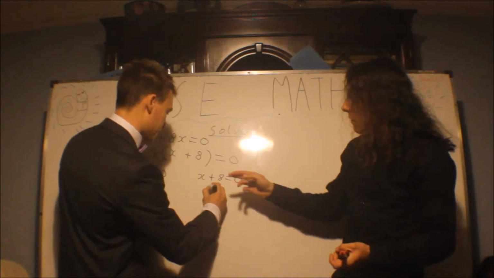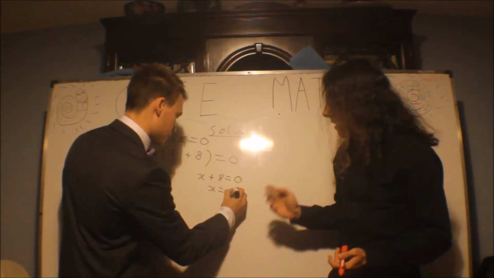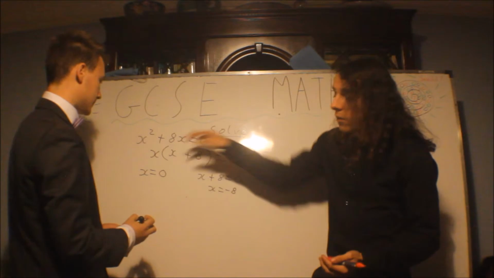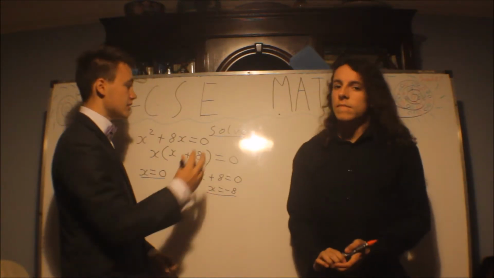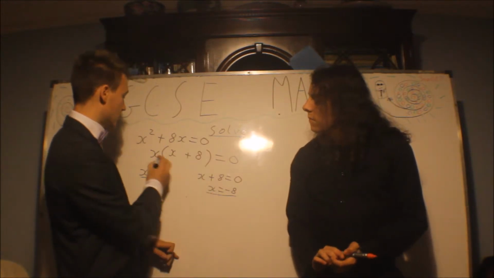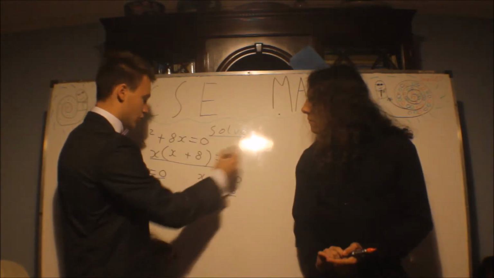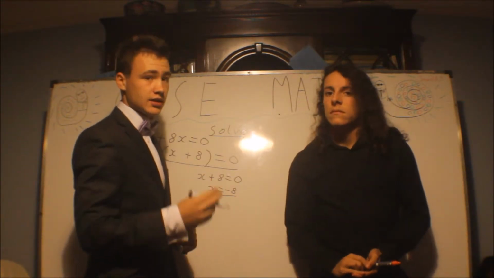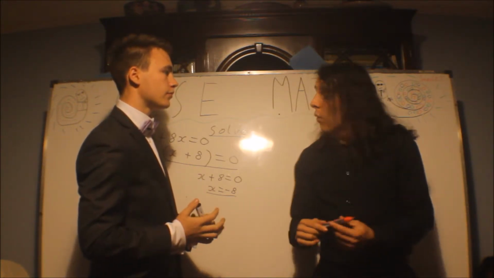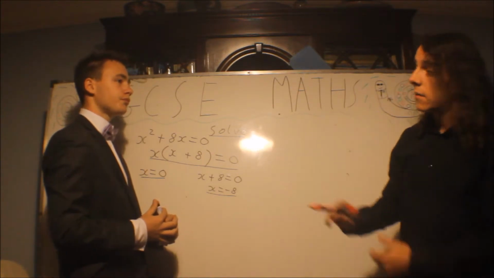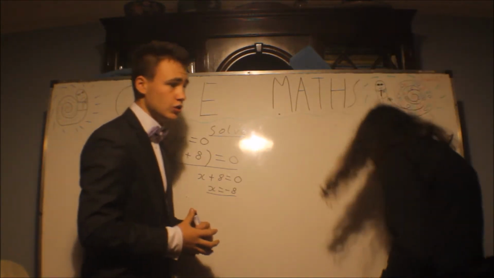If you take 8 to the other side, x equals minus 8. Then that half would equal 0, and it would equal 0 overall. So these are the two values. The difference is this word solve. If it says factorise, you just do that bit. If it says solve, you have to find the values of x, whether they be 2 or just the 1.